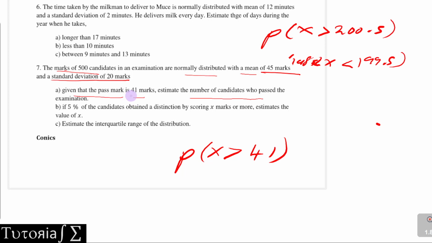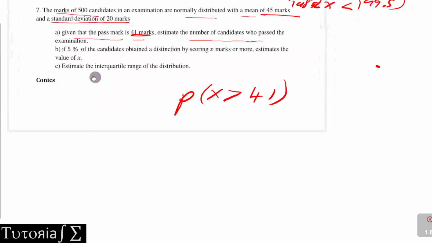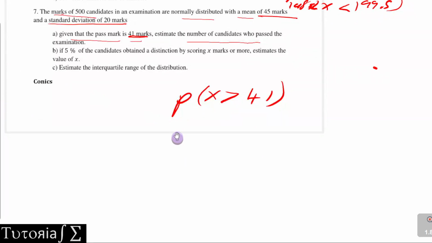Now, since we're also including those that made the pass mark, we are going to say this is probability of, we can go 0.5 lower so that we include the 41. So we can say 41 minus 0.5, so that we also include the 41.